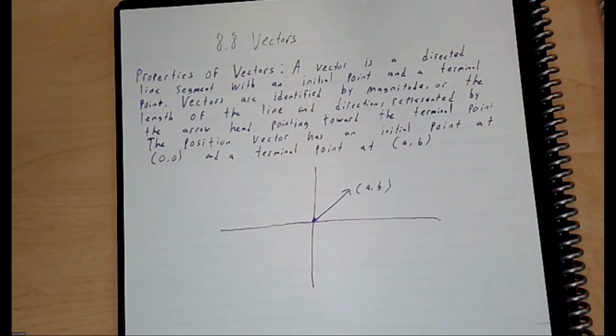Vectors are pretty useful in physics and engineering. They can represent forces. If you have an object with multiple forces acting on it, each force would be represented by a vector, and the magnitude would be the amount of force. For example, say you had a block going down a hill.